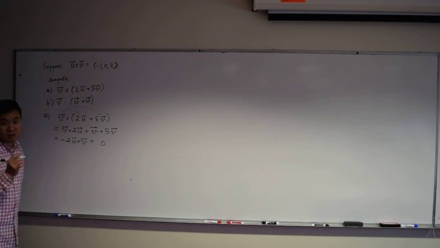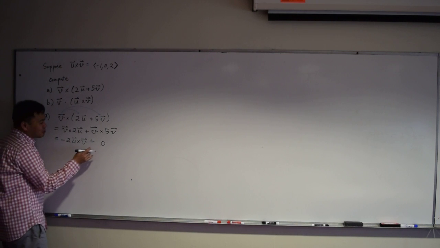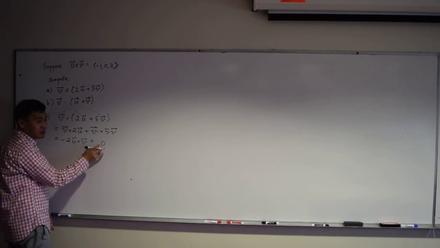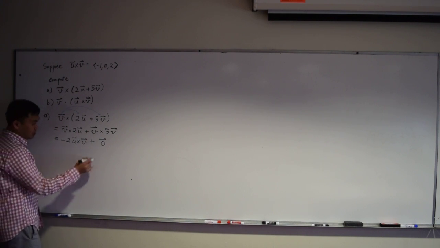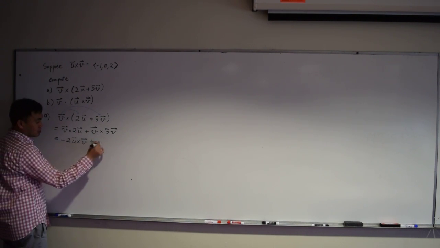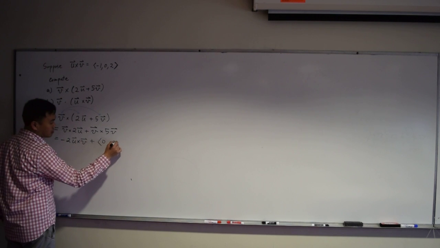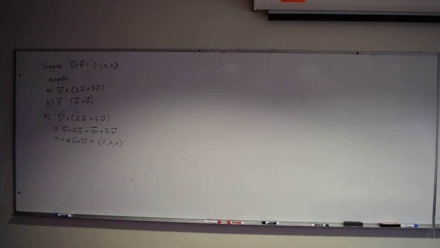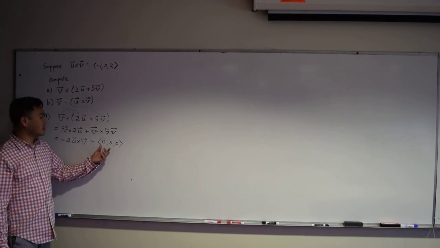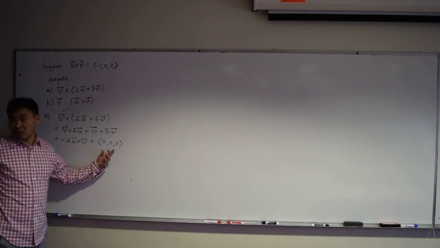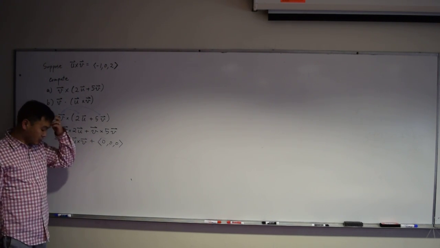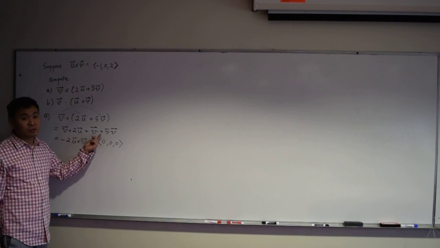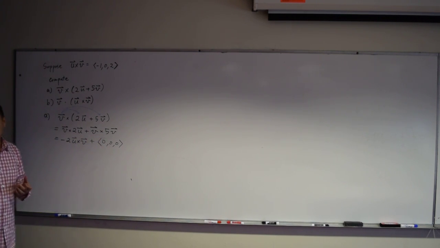Now, one thing I want to say here is that it's really not 0 as a number, it's a 0 as a vector. So in this context, it's really 0, 0, 0. And this is not the same as just a single 0. Cross products give you a vector, whereas dot products give you a scalar.